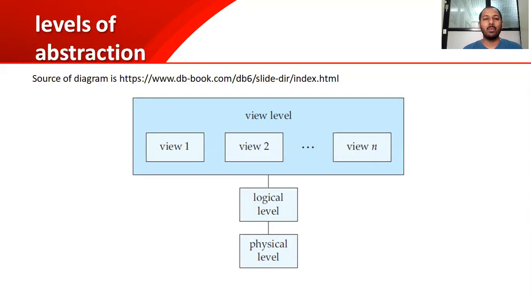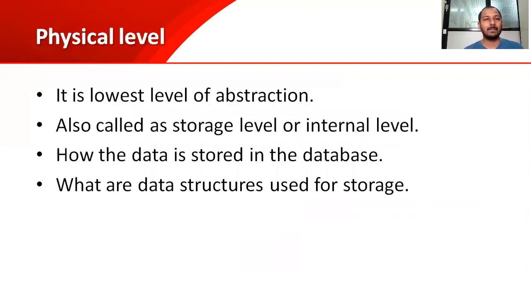In view level, we have view 1, view 2, and in such a way, more than two views are there. That's why I have written here view n. So let us see one by one what is physical level, what is logical level, and what is view level.